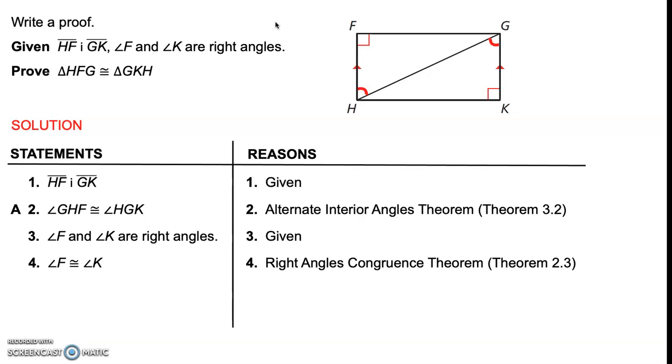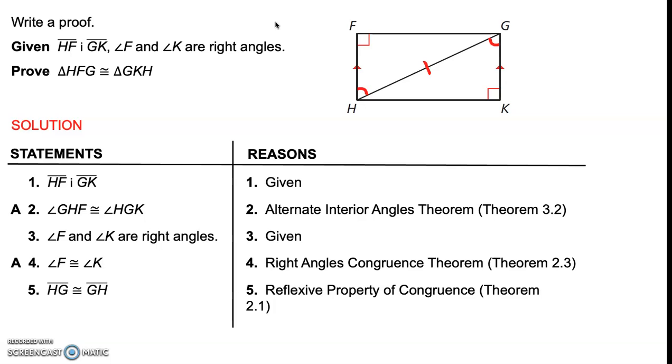Angle, angle, and a side. So we can prove them congruent by angle, angle, side. All you have to do is just mention AAS. Okay, hopefully that makes sense. And that's all I wanted to share with you on the reading, so you understand a little bit better, hopefully. Thanks.